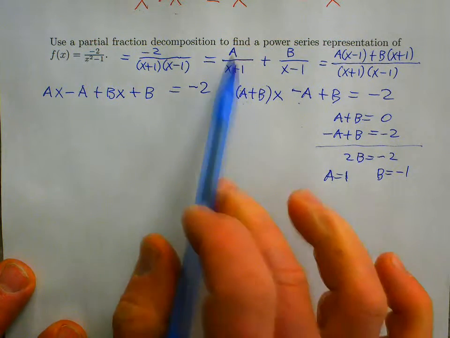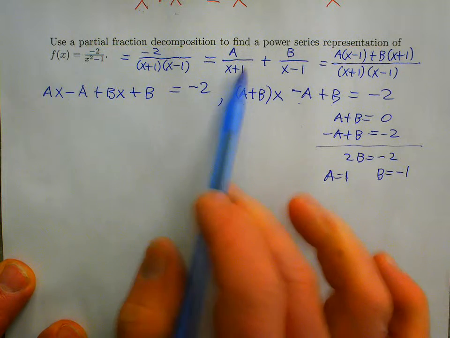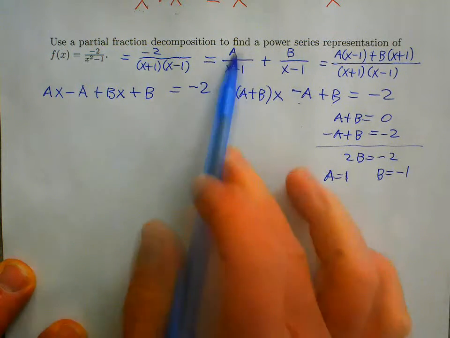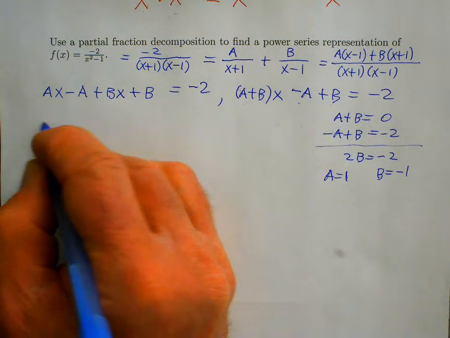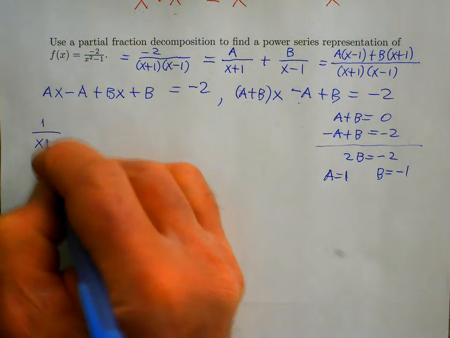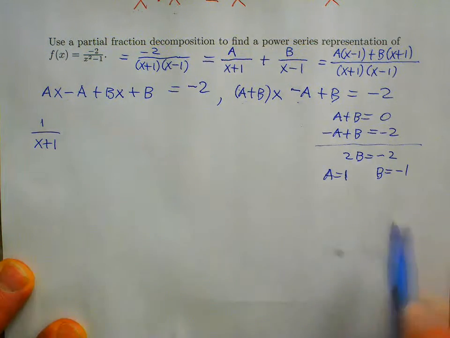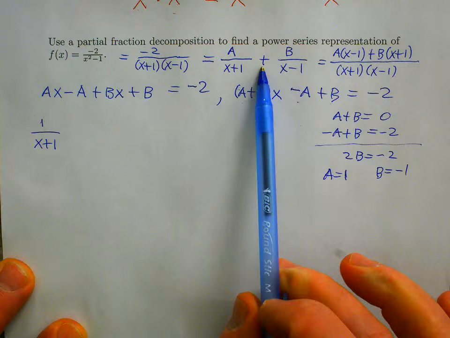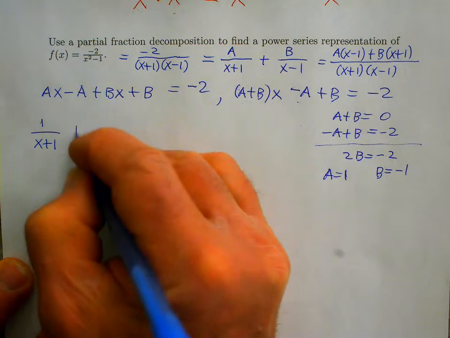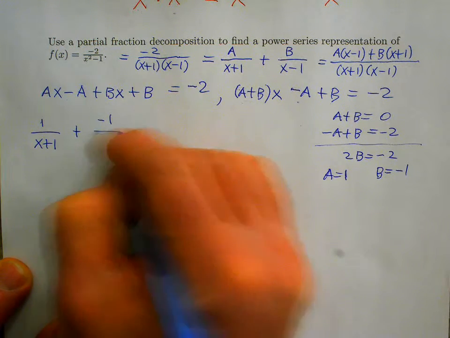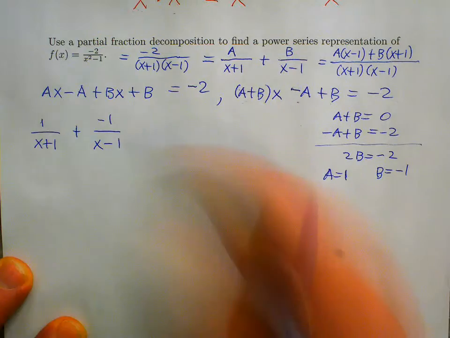Okay, so our two terms then, if a is 1, we have 1 over x plus 1. And we can write this as plus negative 1 over x minus 1.